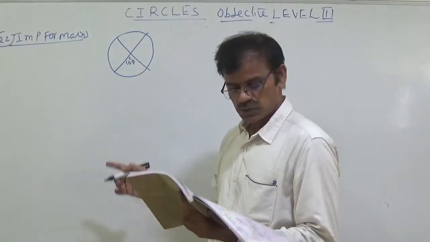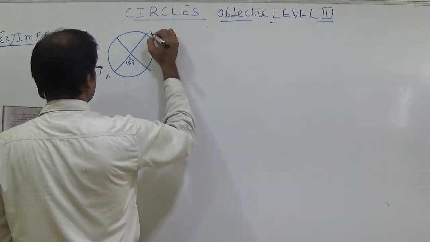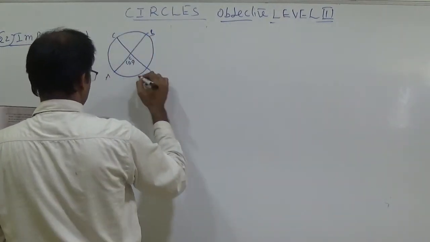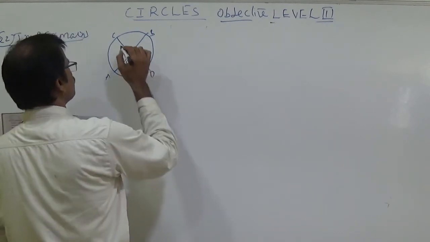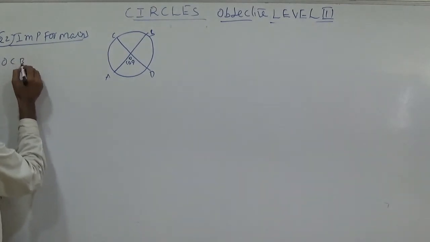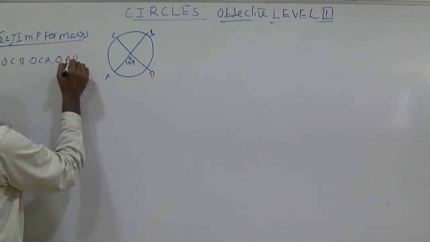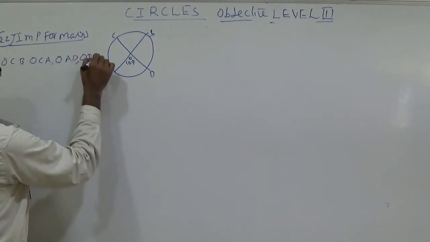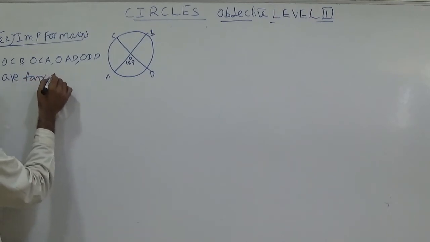It is better to put names. This is AB and this is CD. This is center O. So the sectors are OCB, OCA, OAD and OBD. These are 4 sectors.